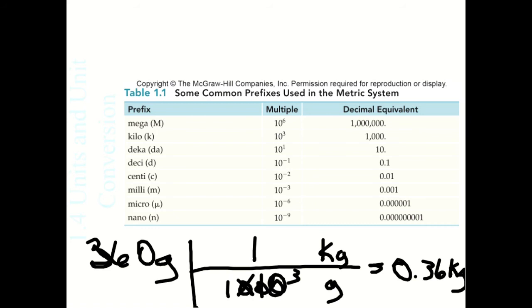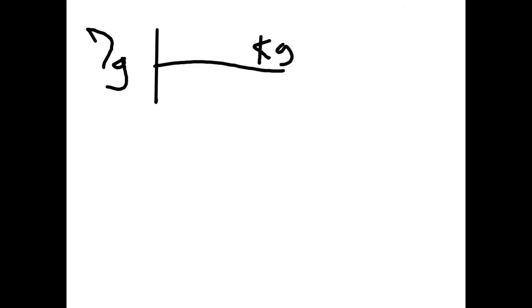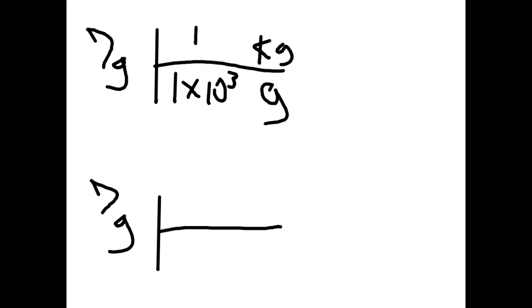I can give you an example. Okay, so how many kilograms is that? I want to convert that to kilograms from grams. So for every 1 kilogram, there's 1 times 10 to the third, or 1,000 grams. I didn't convert like that. I use the answer that we give every time. Okay, so 7 grams.